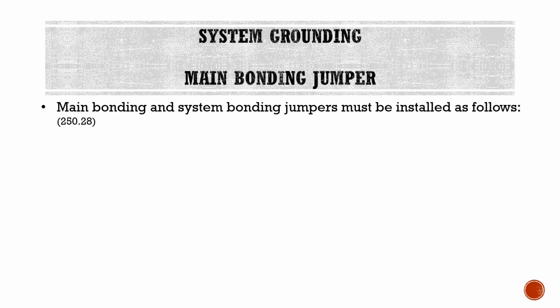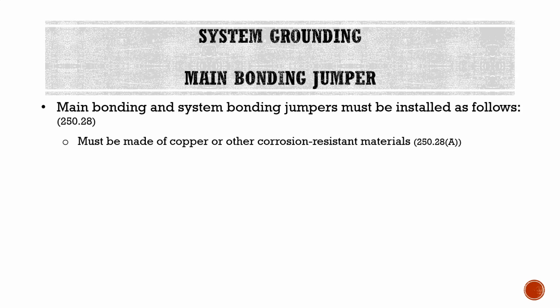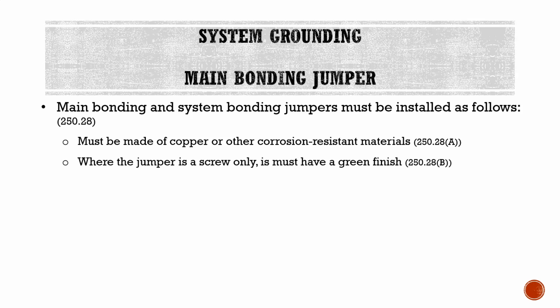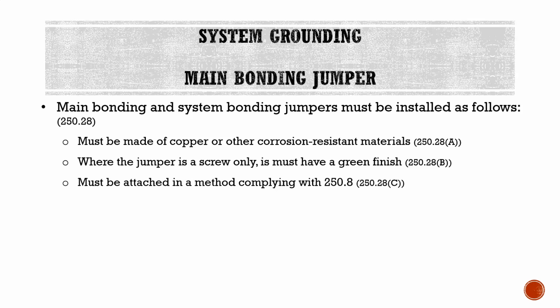Back to our main bonding jumper here. Main bonding and system bonding jumpers must be installed as follows. So we talked about where we have to install it, why we have to install it. Now we're talking about how we do install it. Must be made of copper or other corrosion-resistant materials. Where the jumper is a screw only, it must have a green finish. Must be attached in a method complying with 250.8.